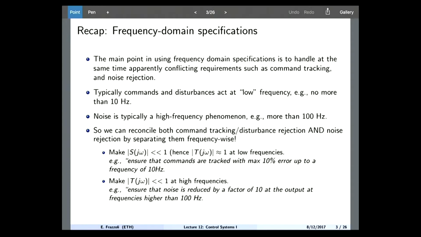Typically, as we said, commands and disturbances act at low frequencies, on the order of 1 hertz, 10 hertz, but not much more than that. The human brain works at about 10 hertz, so there's no point in going much faster than that.